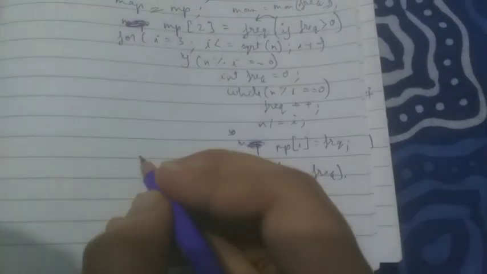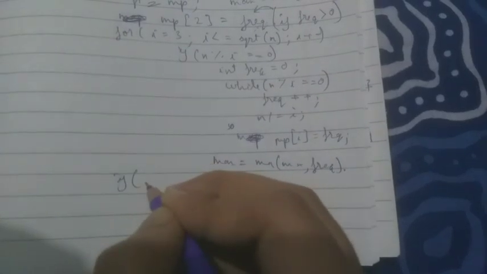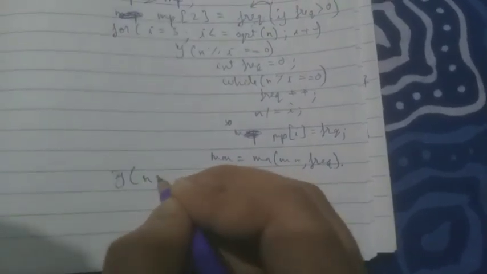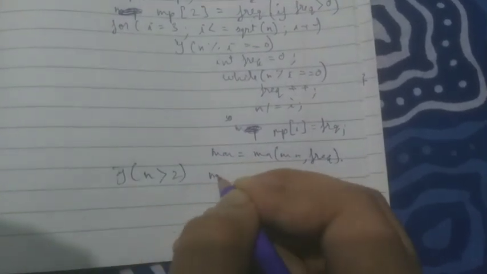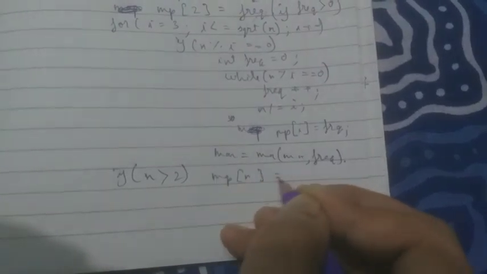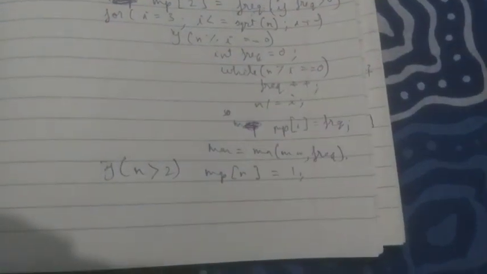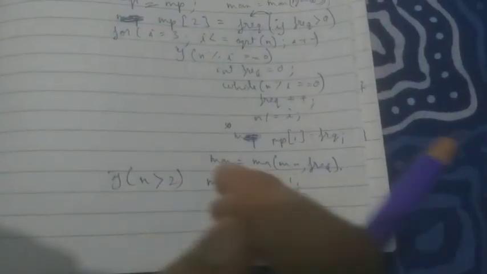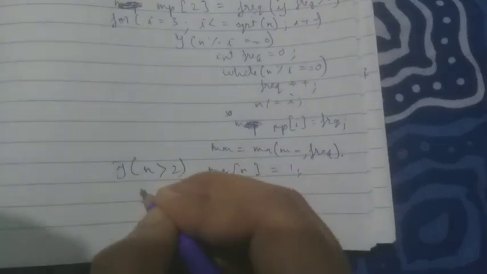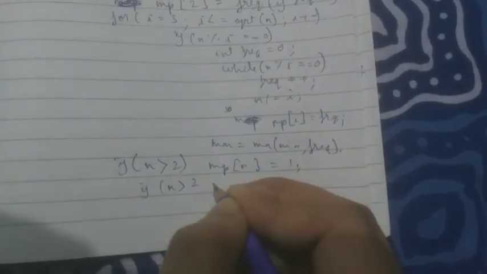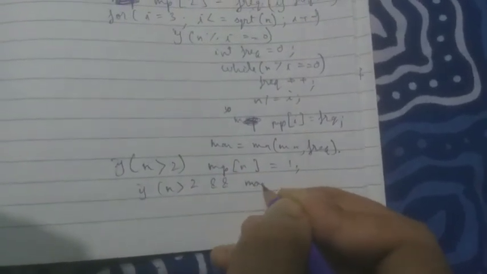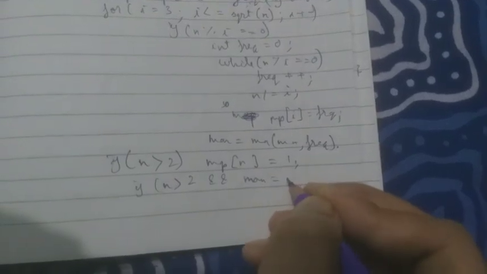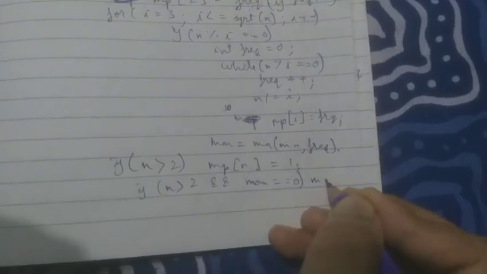And at the end, if n is greater than 2, then map of n equals 1. That is, the value of n at this moment is a prime number, so we are going to add that also. And if n is greater than 2 and max is still 0, then we can make max as 1.